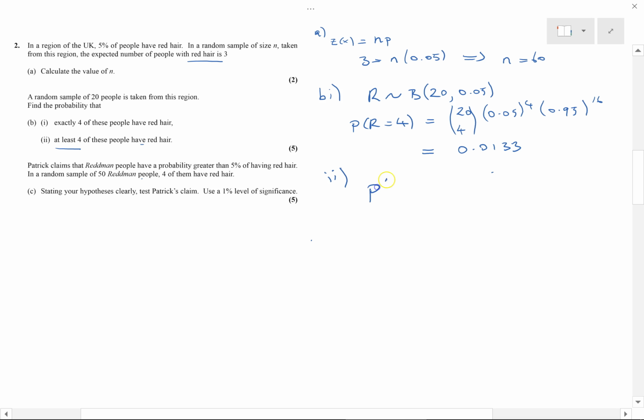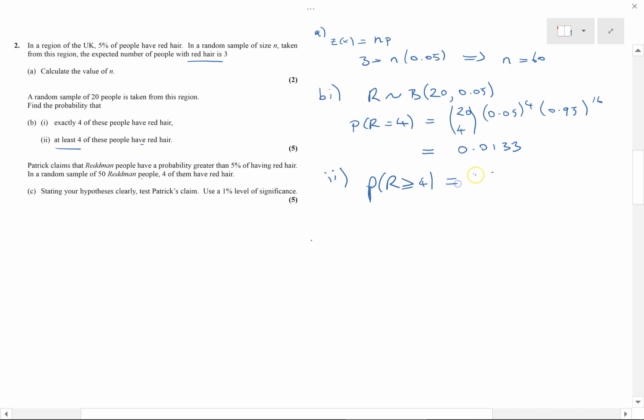So we're being asked for the probability that x is greater. Let's go to R. It doesn't matter if you call it x or what you call it really. So R is greater than or equal to 4.